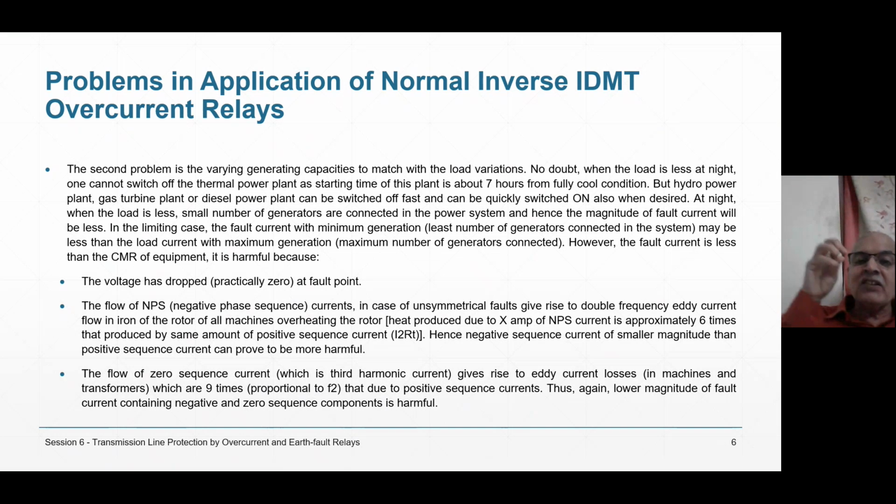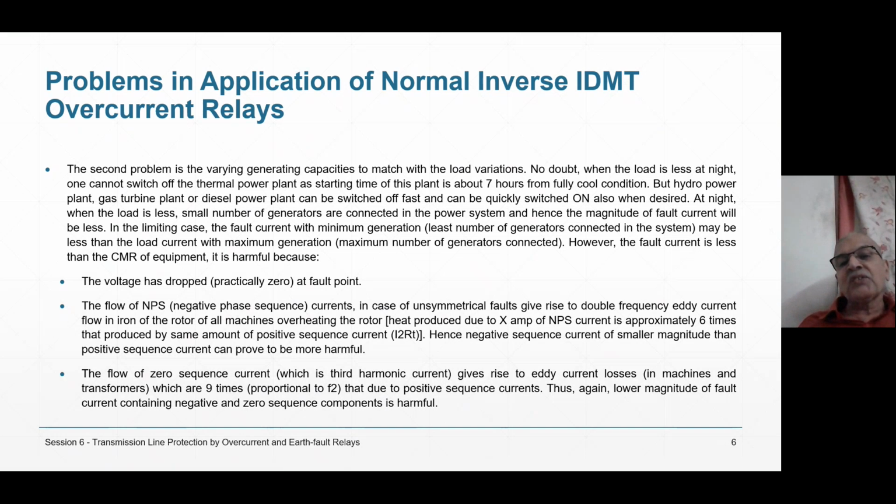the fault current has a lesser value because Zs has increased and the number of generators has reduced. In the extreme case, it can so happen that the fault current at night will be less than the maximum load current at daytime.